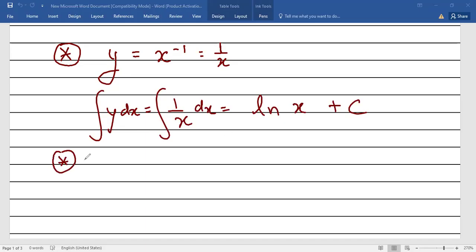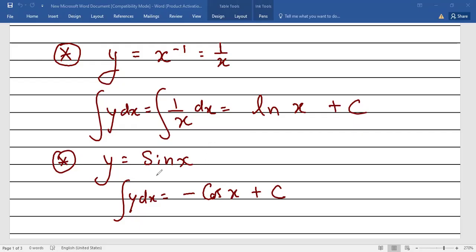Then next one is, if y is equal to sin x, then its integration will be minus cos x, negative cos x plus c. Remember, this is different from differentiation. In differentiation, when we differentiate sin x, we got plus cos x.